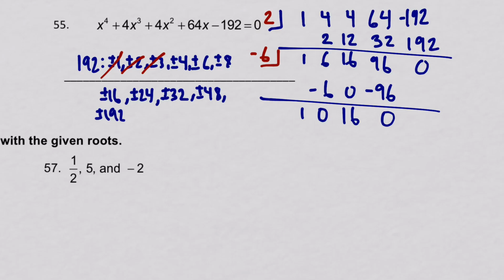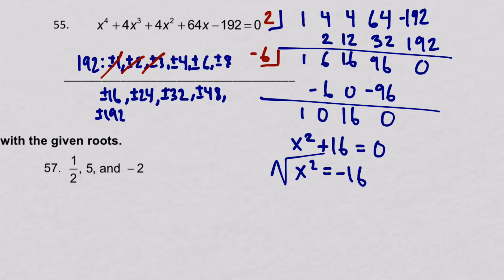Whew. Okay. Now, we found 2 of them. This leftover right here is a quadratic. I'm going to turn it into a quadratic right away. That's x squared plus 0x plus 16 equals 0. Solve that. I'm going to get x squared equals negative 16.